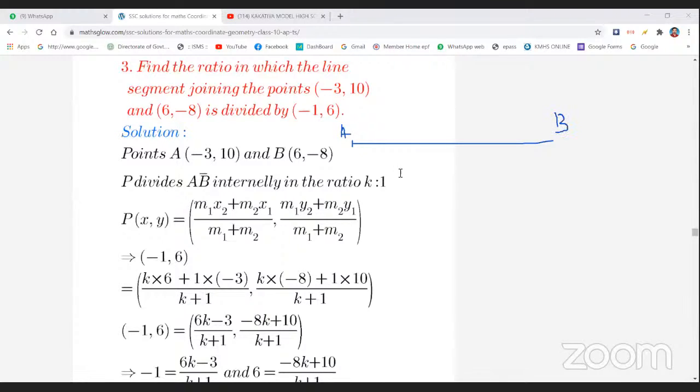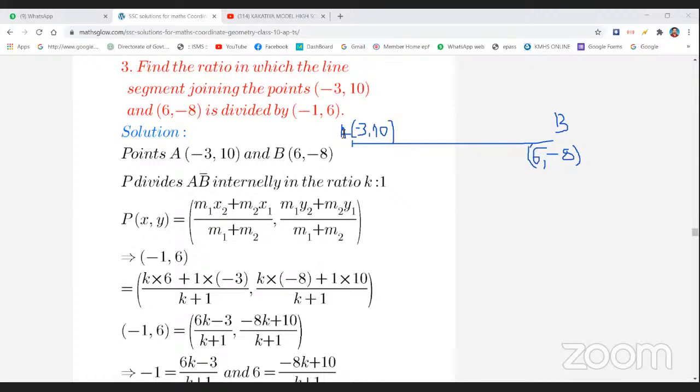A is (minus 3, 10), and the second one is (6, minus 8). Okay students, please adjust, don't comment on my writing. A is (minus 3, 10), B is (6, minus 8).